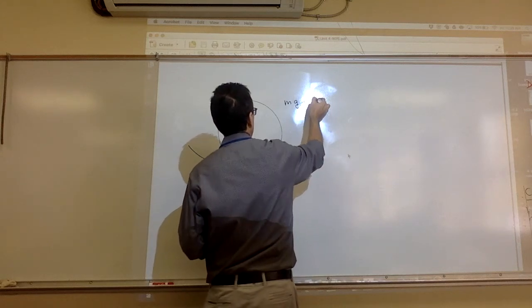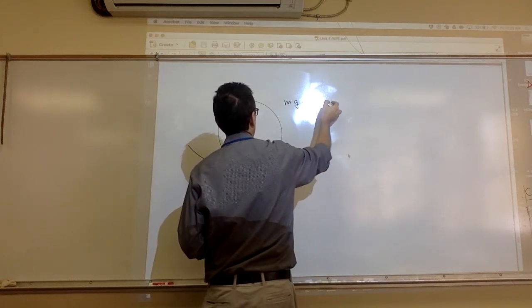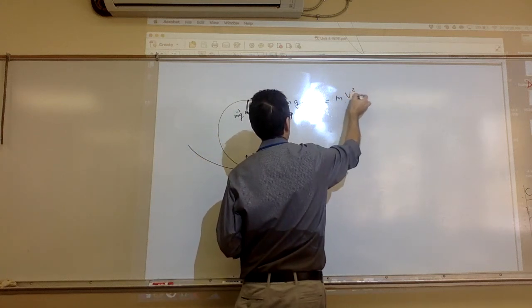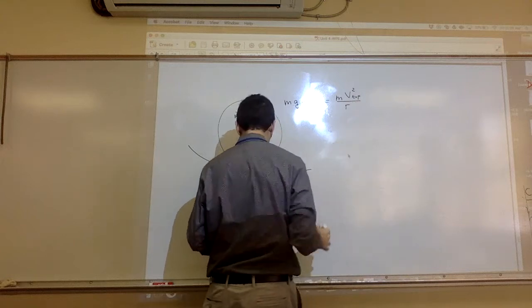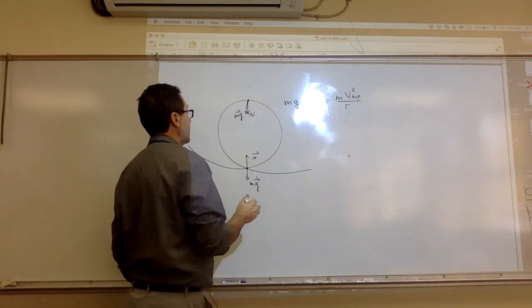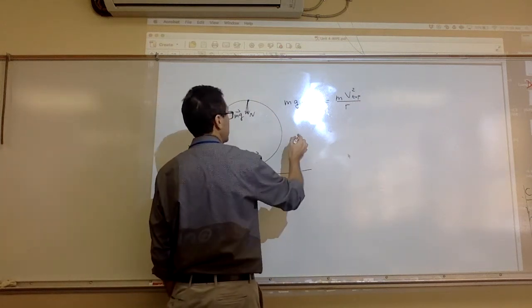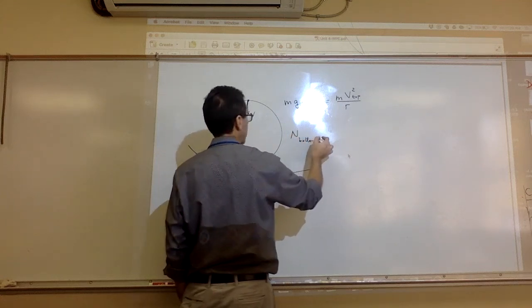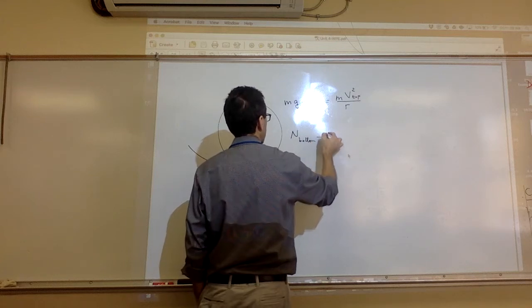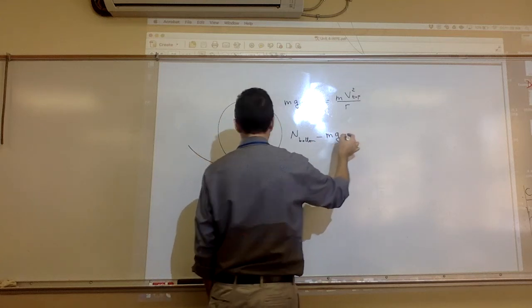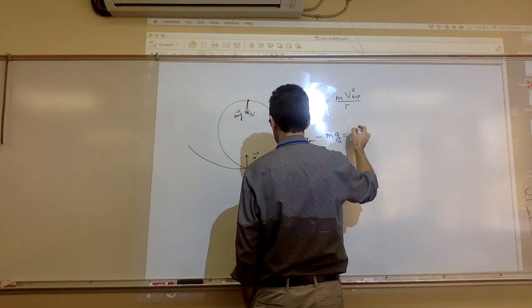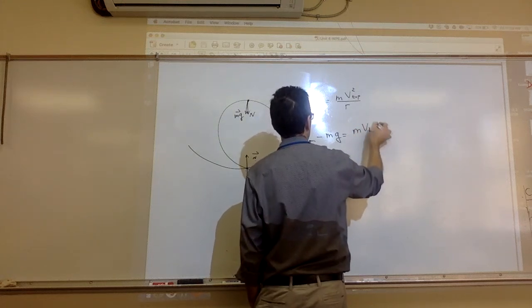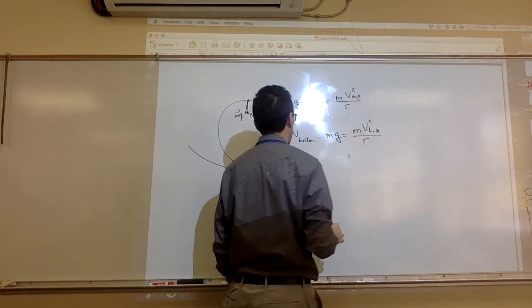At the top, mg plus n equals mv top squared over the radius. The radius is the same. At the bottom, n bottom minus mg equals mv bottom squared over r.